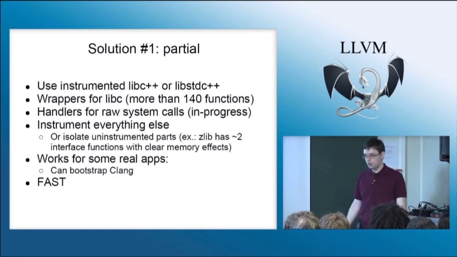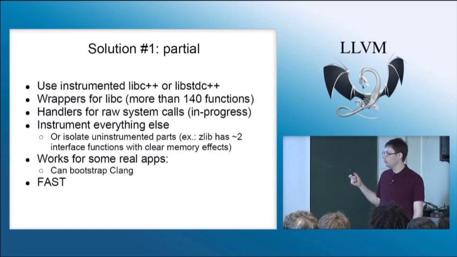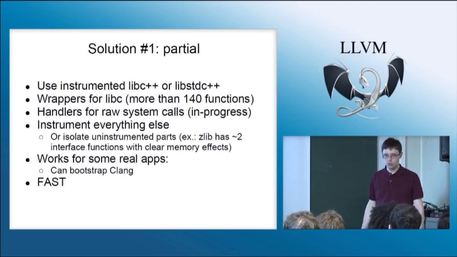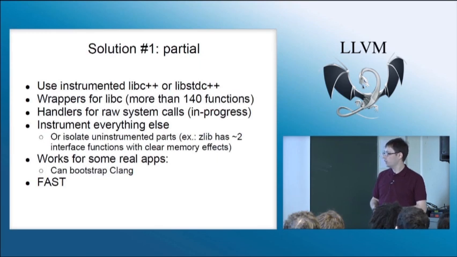This works if, for an application, it is possible to use all these methods to handle all the instructions. MSan is a very fast tool. It adds only about 3x slowdown, and for example we can do that for Clang.